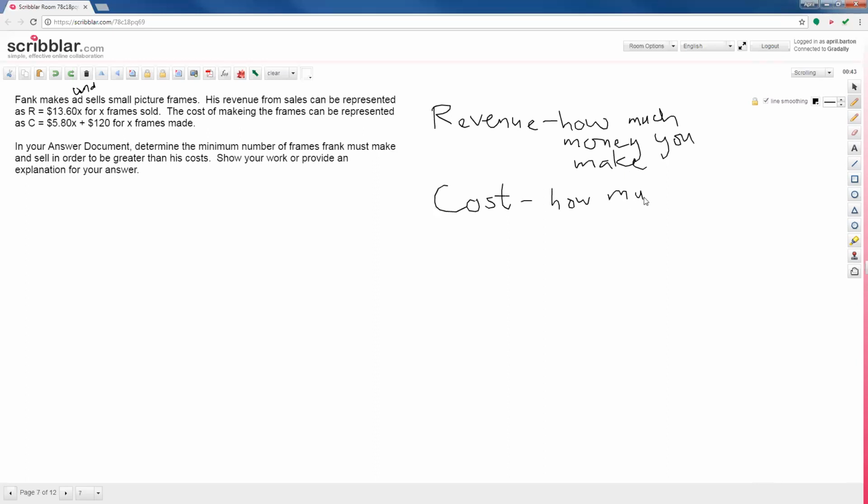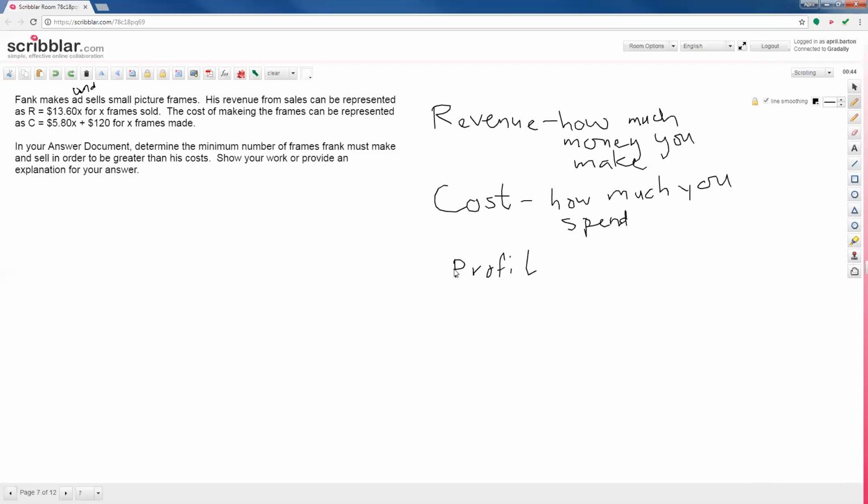So an example is maybe you know how to knit and you want to make a blanket and sell it. Well, it costs you money to buy the yarn. So maybe you spend $50 on yarn and then you sell the blanket for $200. Revenue is that $200.